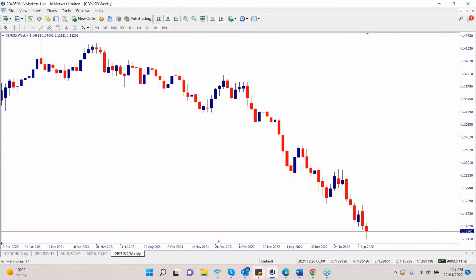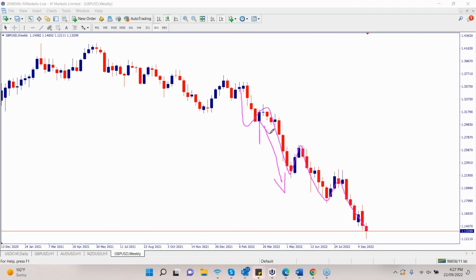Now, for example, we are taking just a very short impulse. So for your understanding, I took this impulse, this correction, and this impulse, again correction, impulse, correction, impulse. So I'm going to apply the Fibonacci on this impulse.